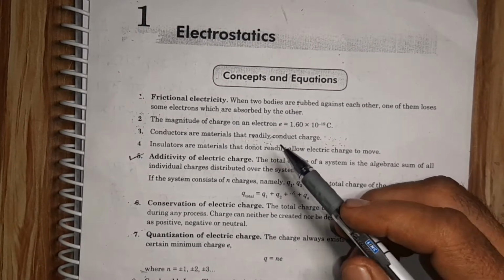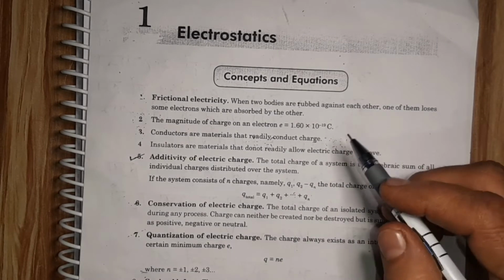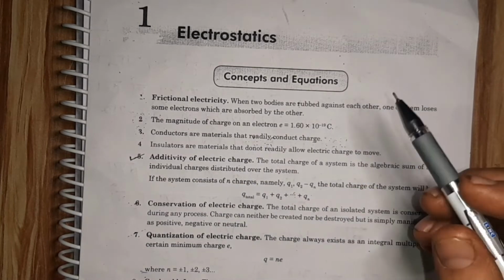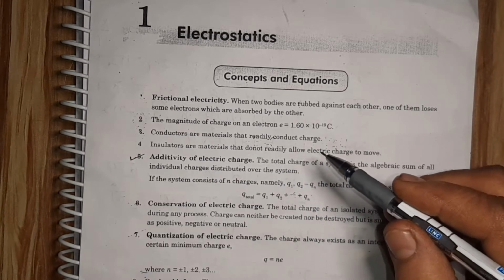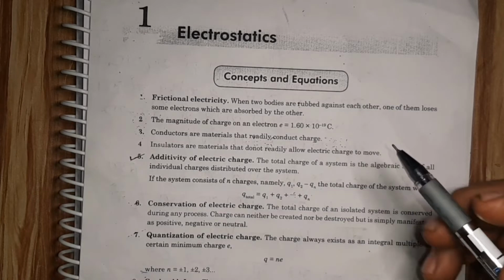Third, conductors are materials that readily conduct charge. Fourth, insulators are materials that do not readily allow electric charge to move.